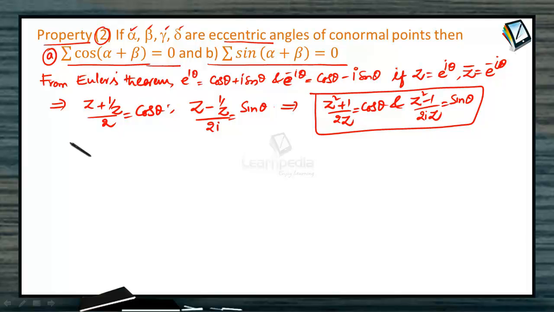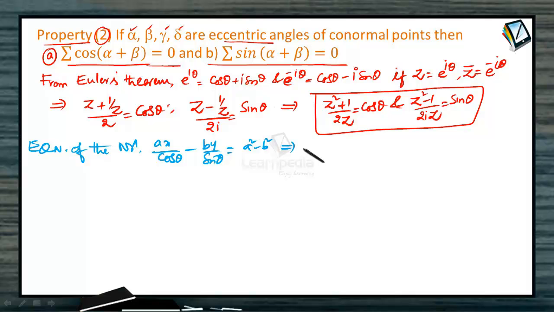Now the equation of the normal is in the form of ax/cos θ - by/sin θ = a² - b², where I can take (h, k) as the point where these normals are meeting.